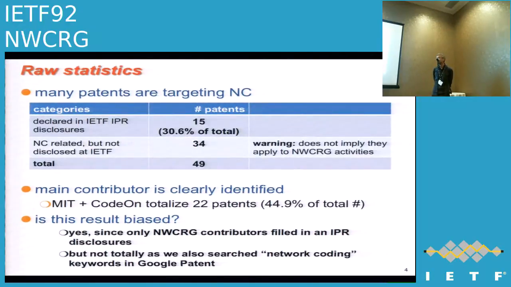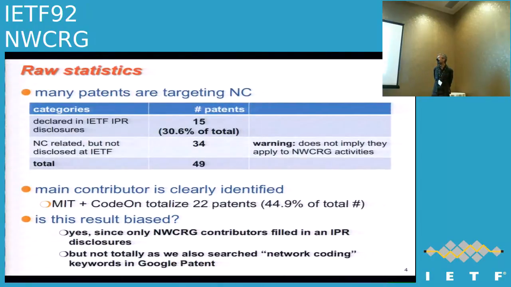If you go and look at the details of these patents, you will see that MIT and Codon Speedoff total 22 patents out of the 49, which is approximately 45% of the patents. The way we did the analysis may be a little bit biased. Of course, we started by considering the IPR disclosures, so those contributors who are concerned by those IPR disclosures are maybe a little bit overrepresented.